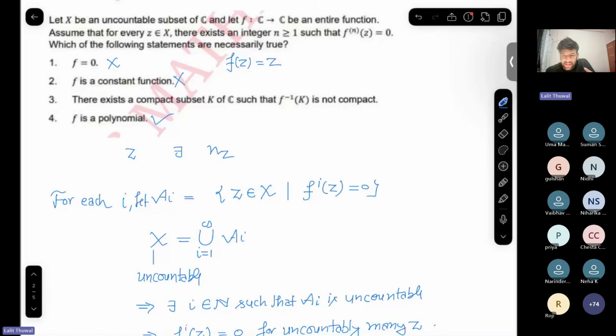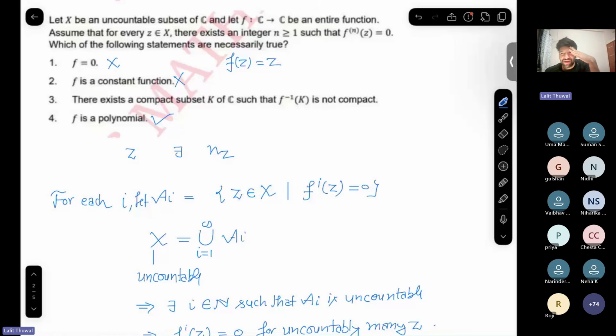There exists a compact set K of C such that f inverse K is not compact. For that, you need to know that it's a polynomial. Only 2 can be eliminated, because the third is true, you have to prove that. So once you know that f is a polynomial, once you know that 4 is correct, then 3 is correct.